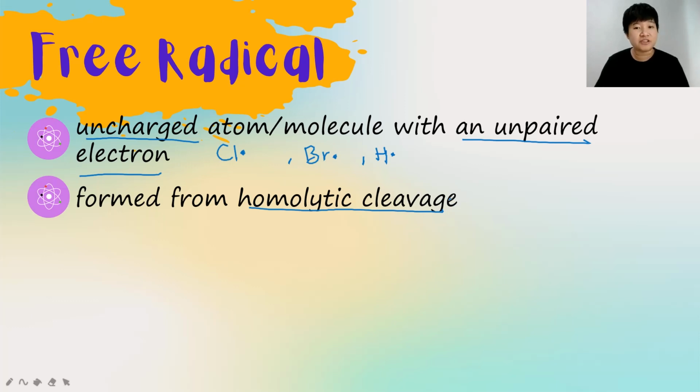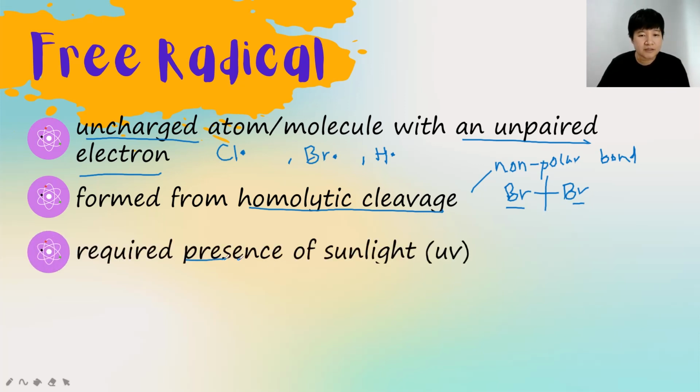Remember, homolytic cleavage just now involves a non-polar bond, where the electronegativity between the atoms is the same, like Br-Br. So the electronegativity between the bromine atoms is the same, so the bond will break equally. It requires the presence of sunlight, of course, because sunlight provides energy.